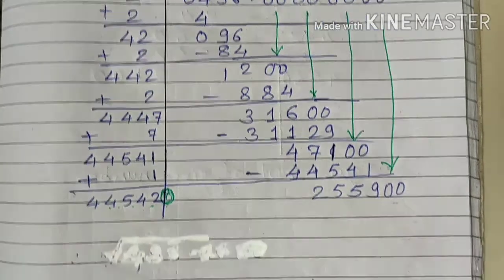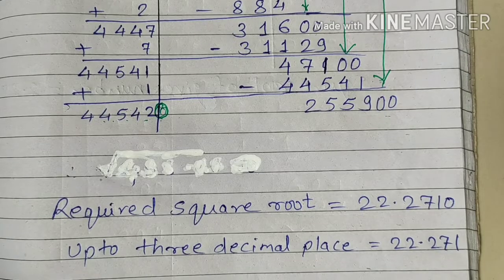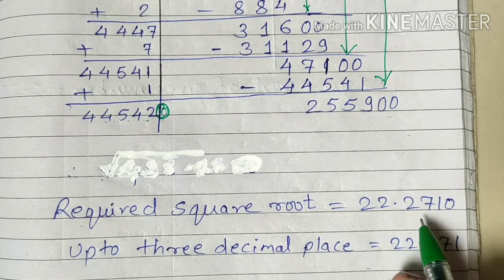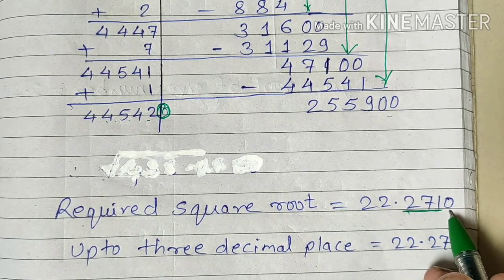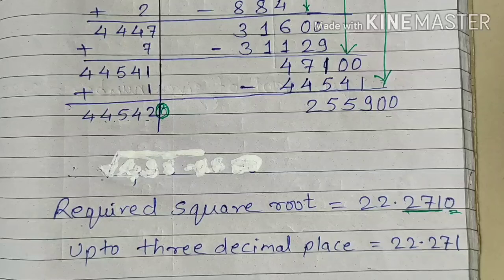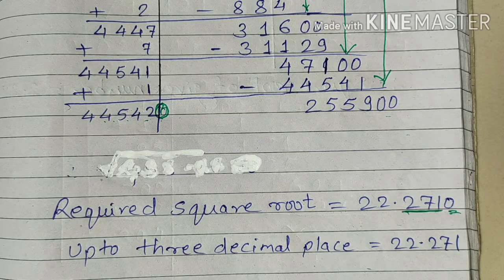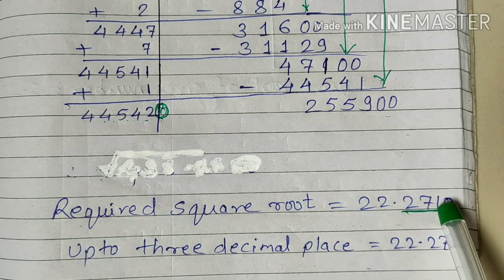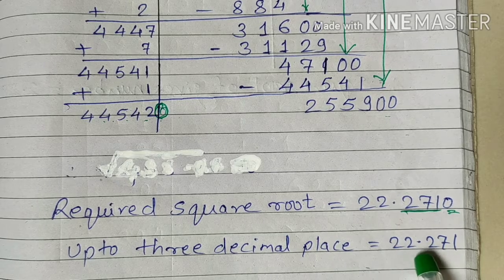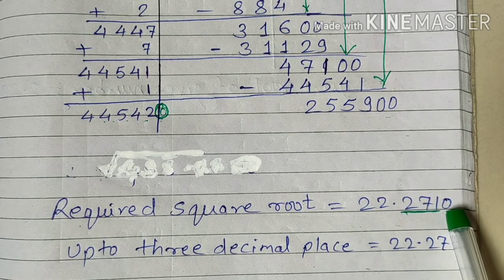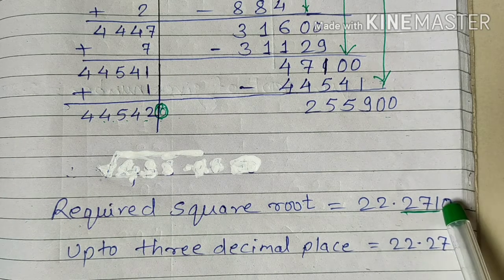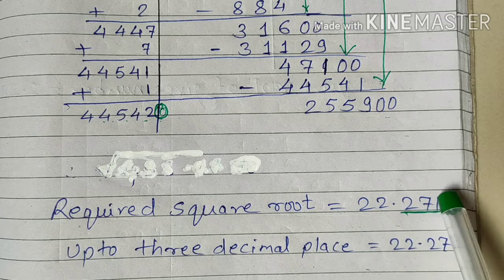22.2710. Okay, so this is the required square root, but our question is to get only 3 digits after the decimal point, and if the 4th digit is less than 5, the same will be rounded like 22.271, and if the 4th digit is greater than or equal to 5, then we have to increase the last digit by 1 to round up.